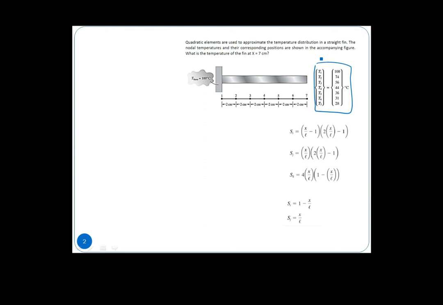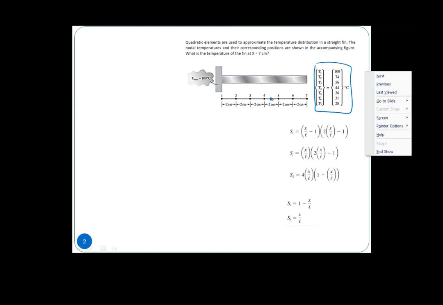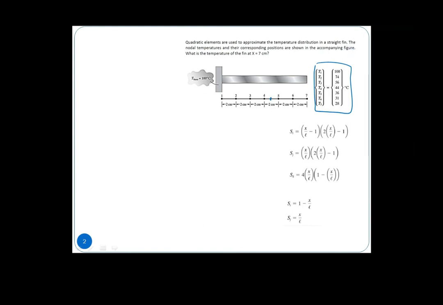So if x equal to 7 cm, then it will happen at here. If using what we call a quadratic element, then you need 3 nodes for one element.